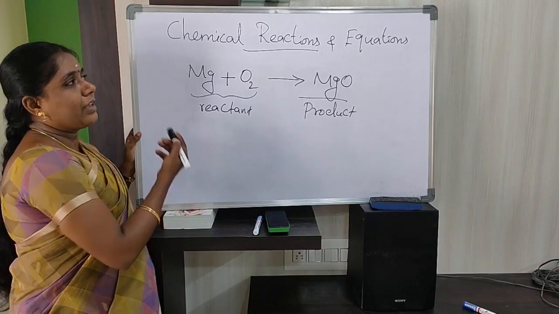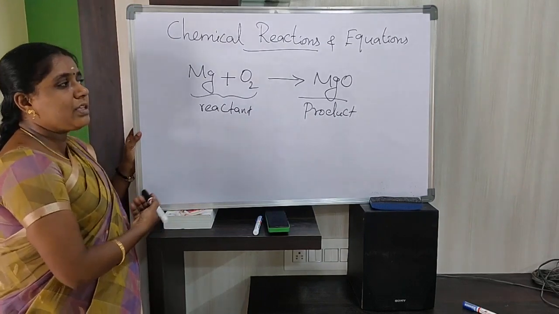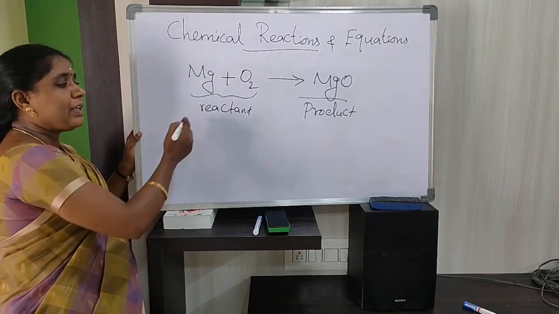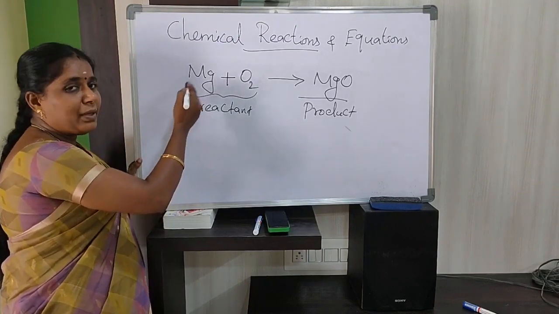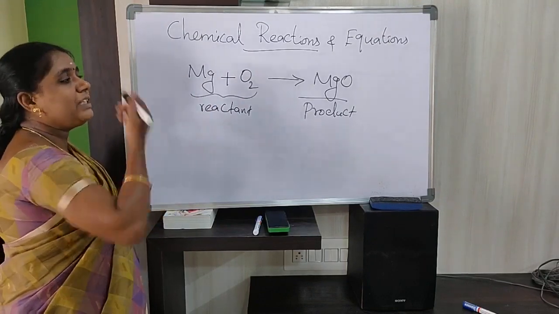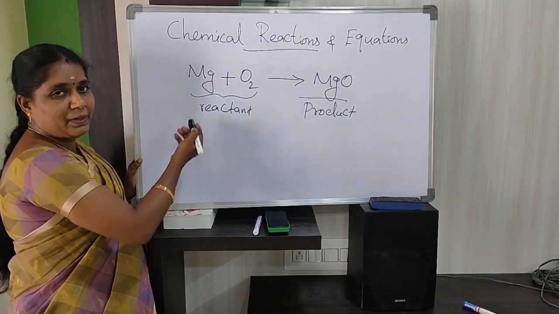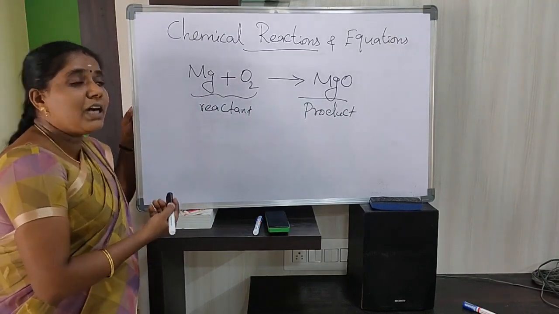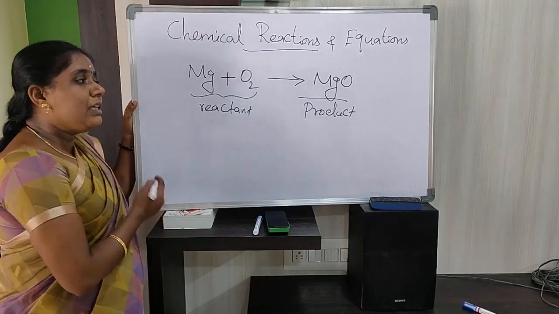So in this chapter, chemical reactions and equations, now we are going to discuss one by one. Listen carefully. This is one of the chemical reactions I said to you: magnesium ribbon is burnt in the presence of oxygen present in air to form magnesium oxide. Now I will ask you some questions.